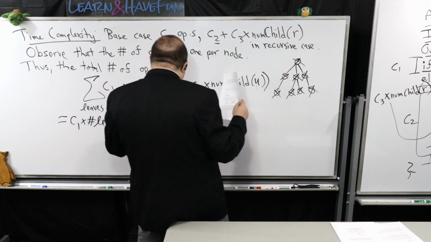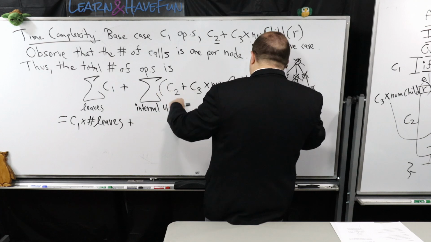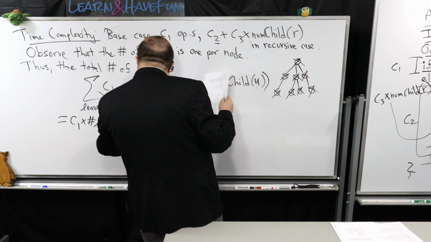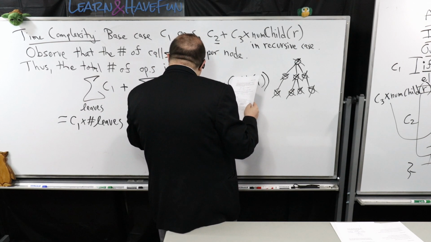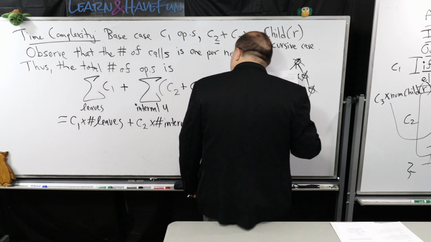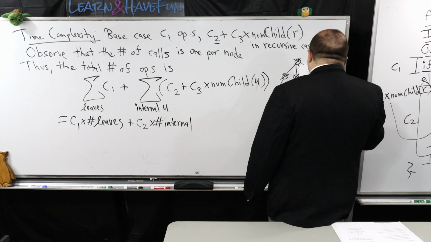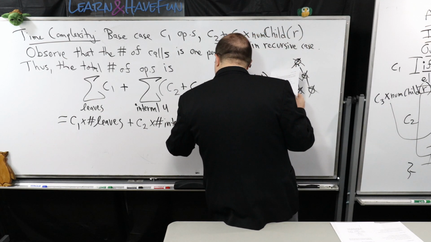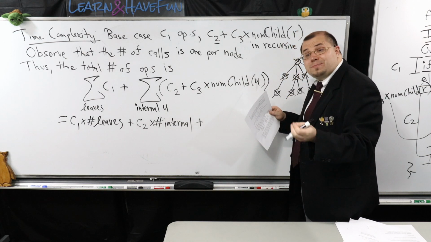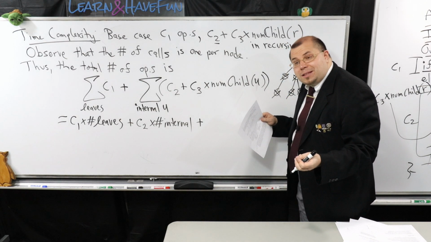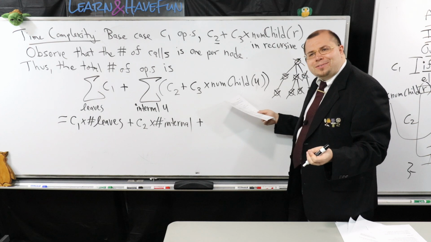Then I'm going to distribute this sum over two parts. I'm going to have C2 times the number of internal nodes, because that's how many times I add up C2. Then I have to deal with this. Notice that the C3 doesn't depend on U, but does numchild of U depend on U?